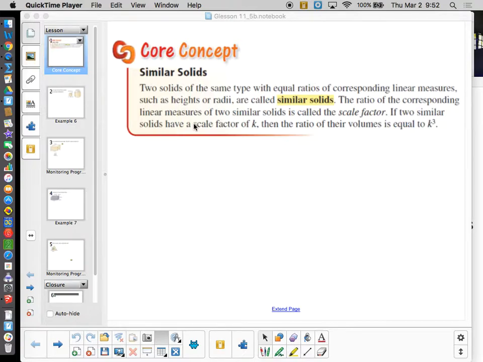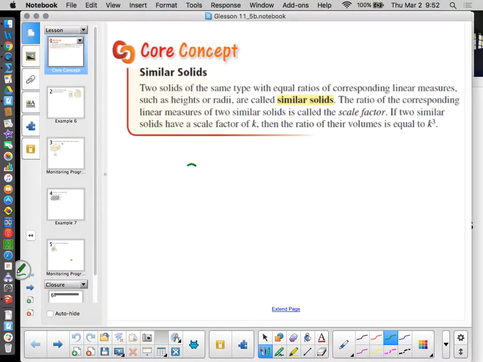So, very simply, if I find the scale factor between two similar solids by finding their corresponding length measurements, and the scale factor is A to B, then the ratio of volumes is going to be A cubed to B cubed.